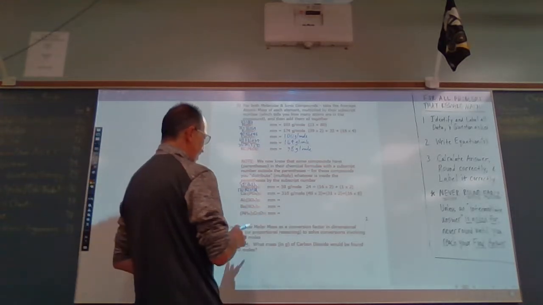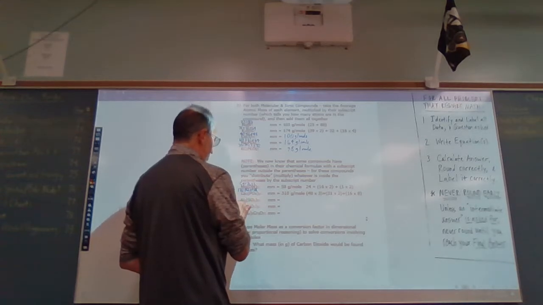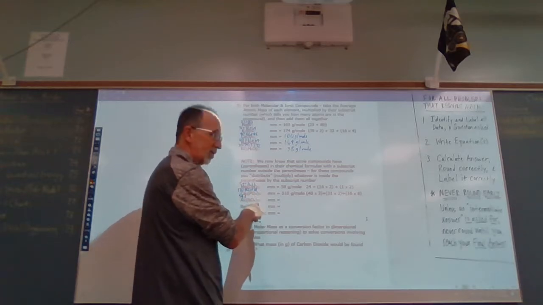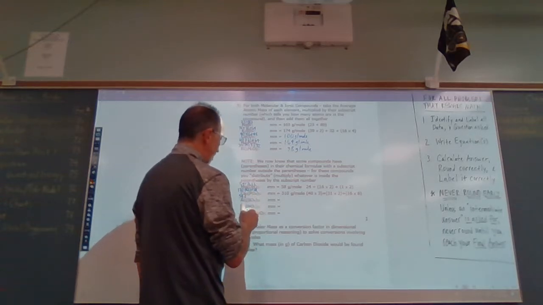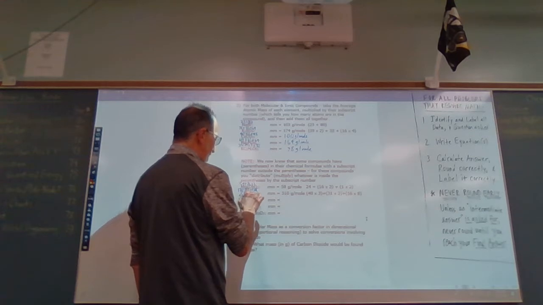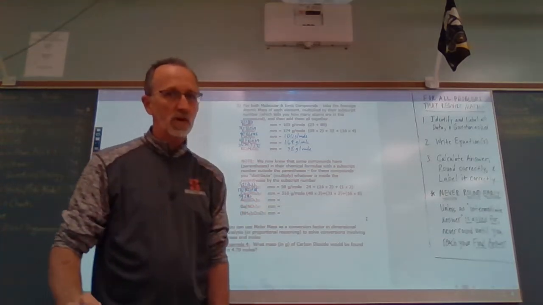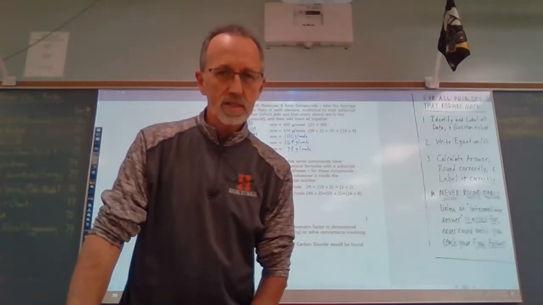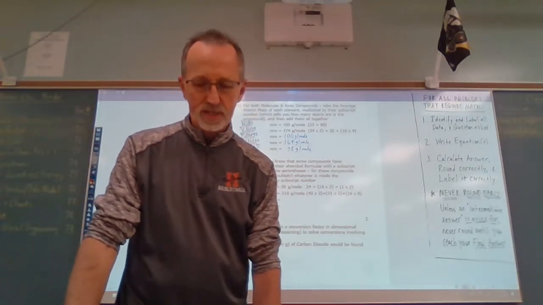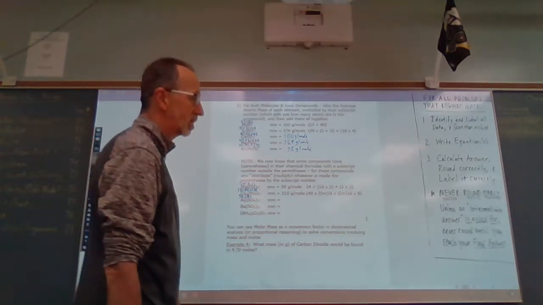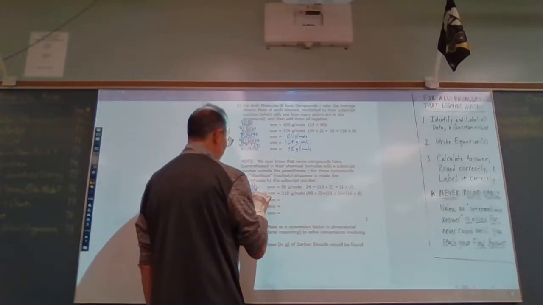Aluminum sulfate. There's 2 aluminums, which would be 27 times 2, 54. 1 S, but there's a 3 out there, so there's actually 3 S's. S is 32, so that'd be 96. And now we have 4 times 3, 12 O's. It's not 7. It's not 4 plus 3. It's 4 times 3, 12 O's. 12 times 16, 192, I believe.